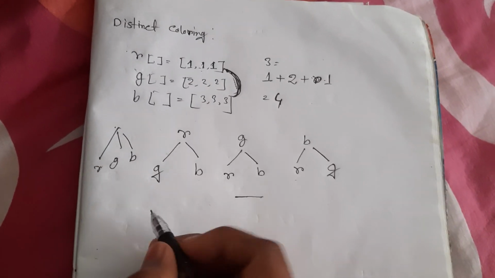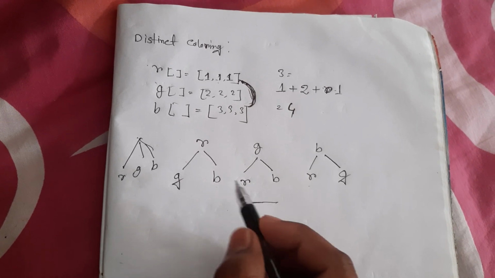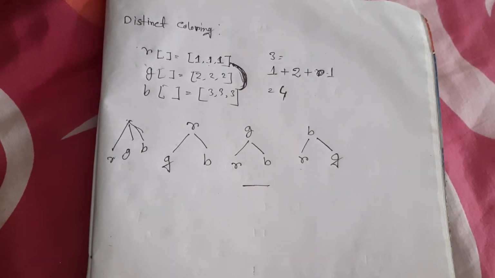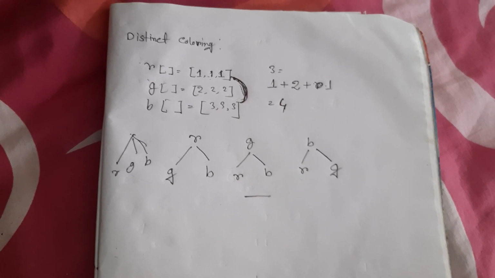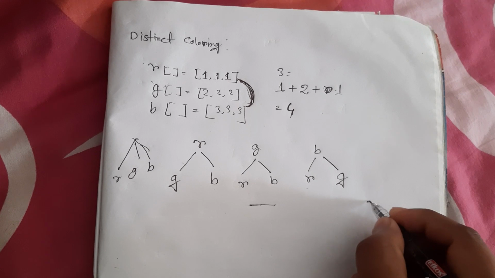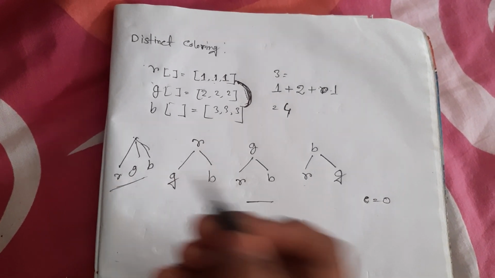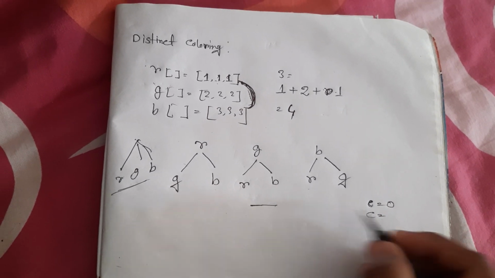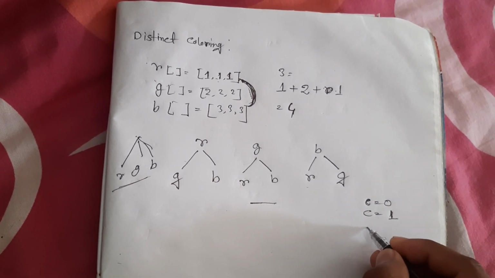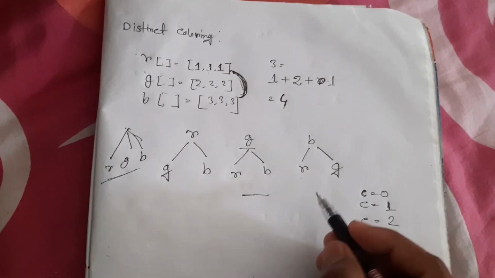So how can you write the recursive solution? At initialization you can see that there are 3 options, so either you can choose red, green or blue. We say if the color is 0, that means we can choose any of the 3. If C equals 1, that means we choose red. If C equals 2, we are choosing green.